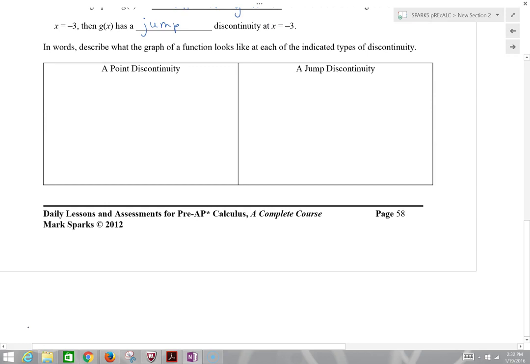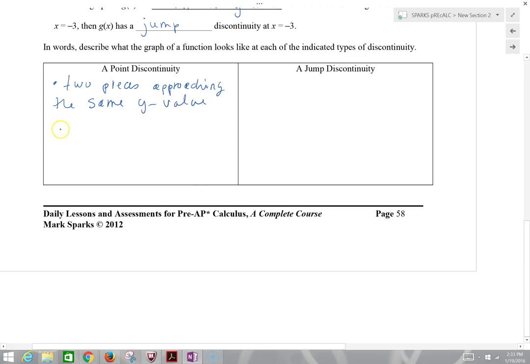So let's go ahead and put this in words. A point discontinuity: two pieces approaching the same y value.